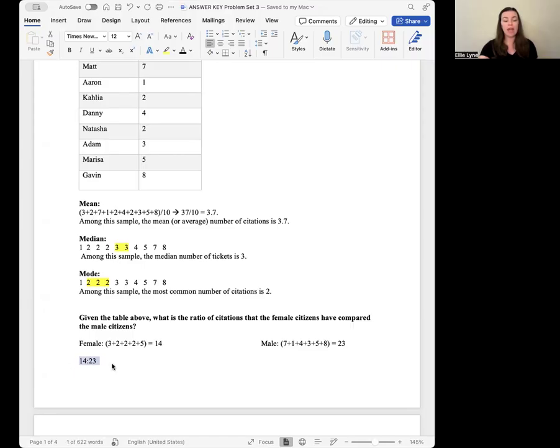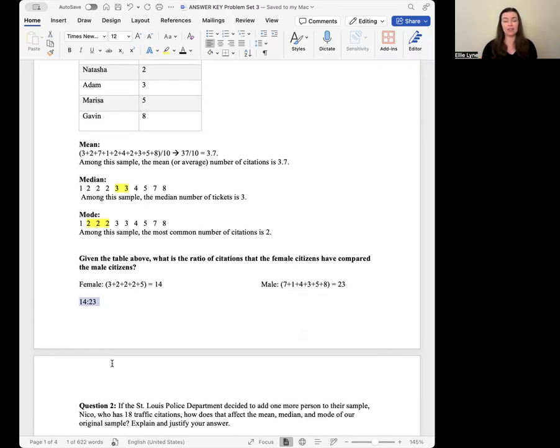And so if you went ahead and actually did the math on this and did 14 divided by 23, you were going to receive a decimal. But when we're using individuals, it's sometimes hard for us to interpret having a certain proportion of individuals, right? It doesn't really make sense. So it's perfectly fine to just state this as whole numbers or 14 colon 23.